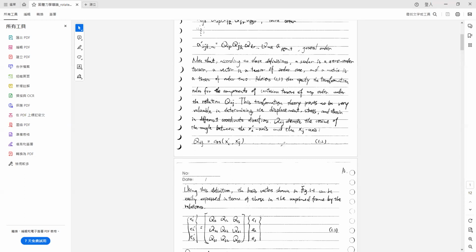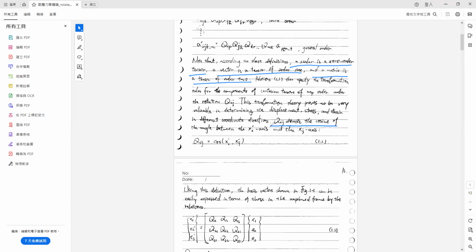And then, according to the definition, a scalar is a zero order tensor, a vector is a tensor of order 1, and a matrix is a tensor of order 2. We are just talking about Q_ij, this second order tensor.